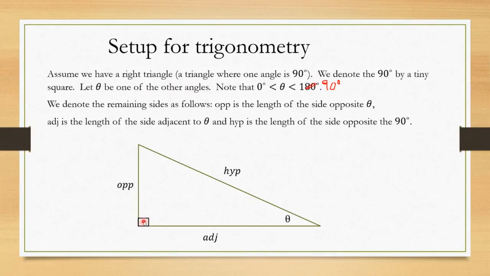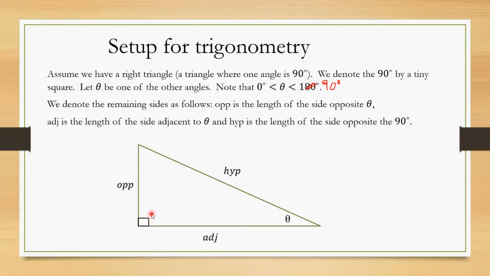This little square down here denotes the 90-degree angle. You can kind of see it from the way these two sides are situated, but this little square confirms the angle is 90 degrees.